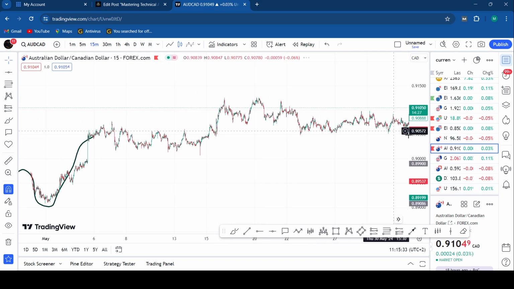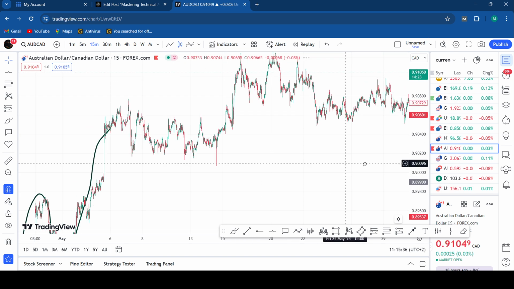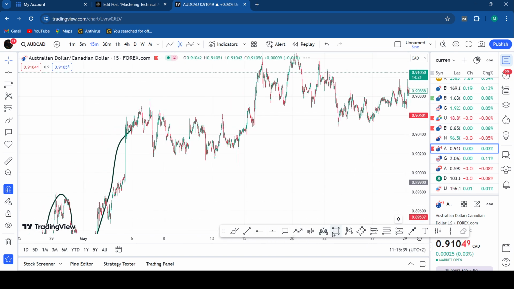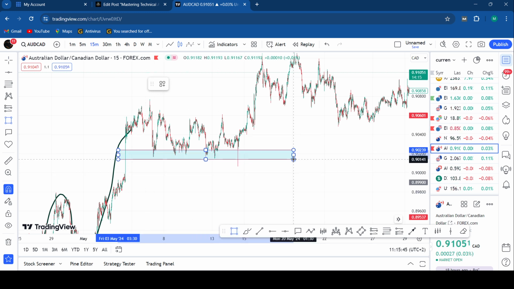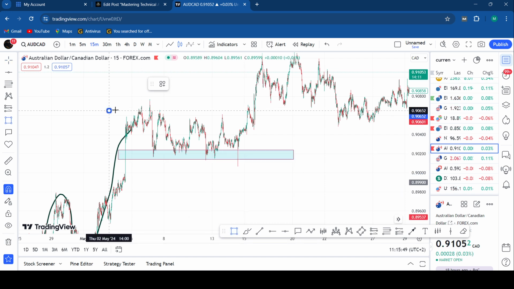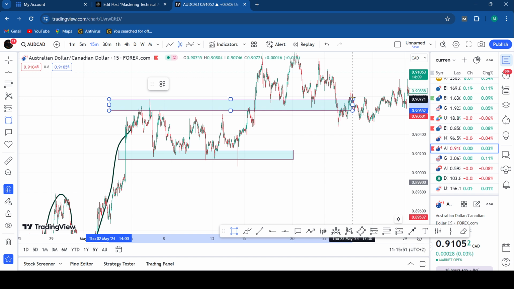Okay, let's dive deep into the market, guys. So like I said, we had a correction over here, with the assistance of support and resistance.